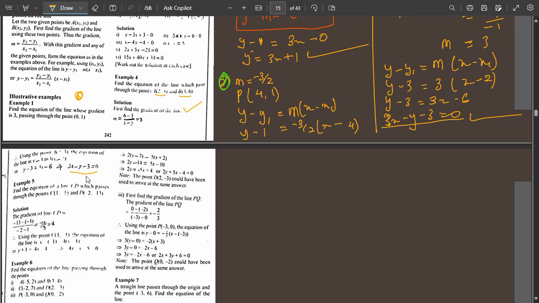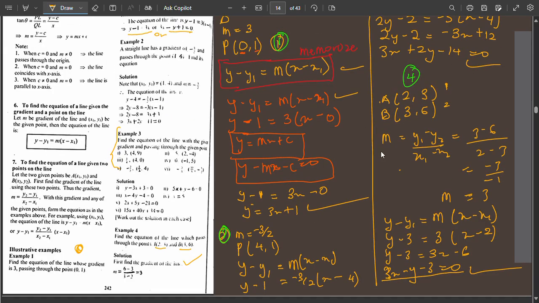We could use this way, or a simpler way to solve such examples using y minus y1 is equal to y1 minus y2 over x1 minus x2, into bracket x minus x1. This is a simpler approach because it puts the whole thing into one equation instead of finding the gradient independently, on its own, like we did here.